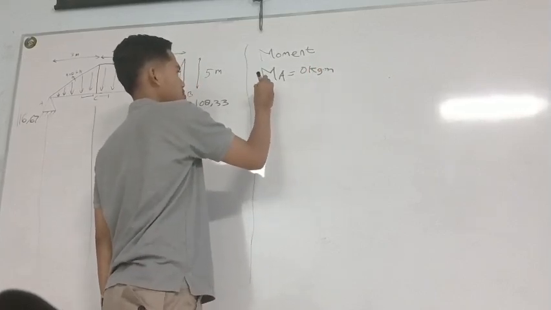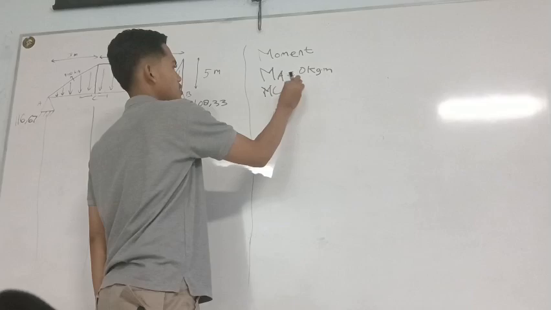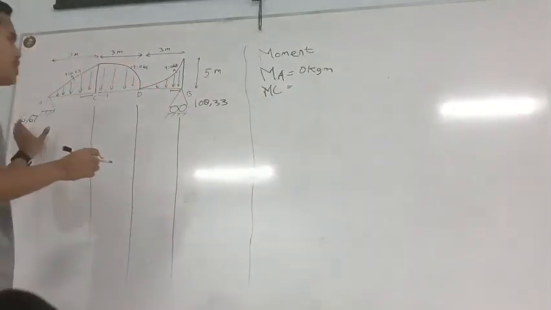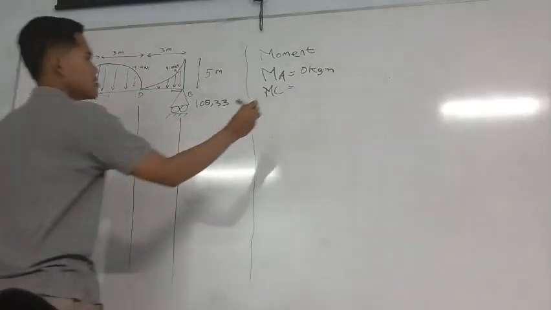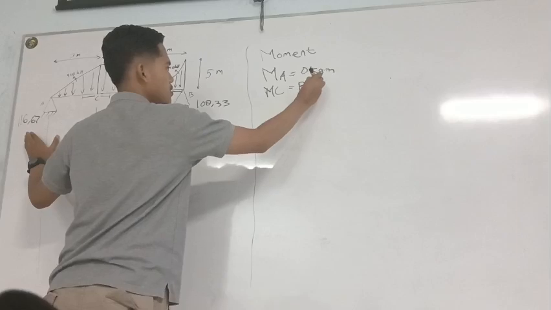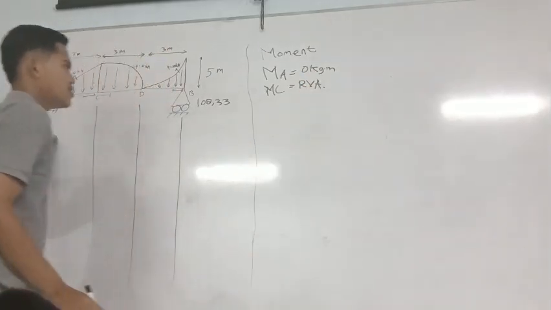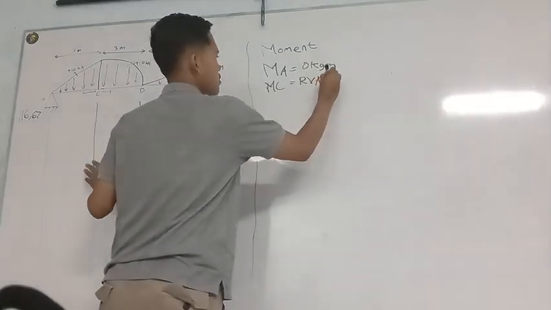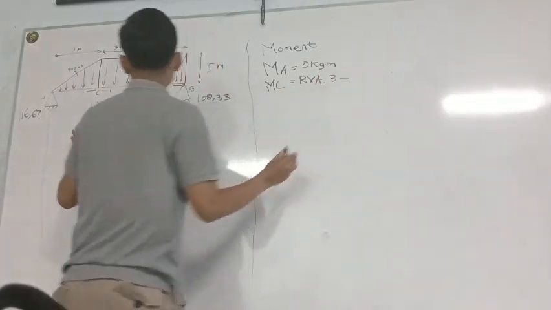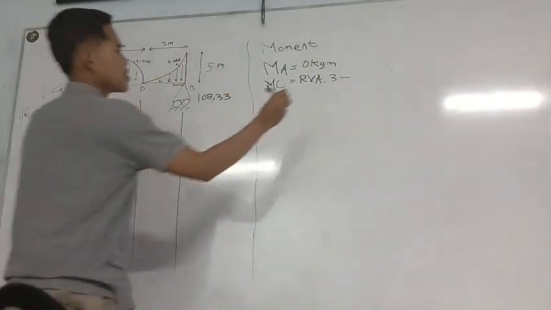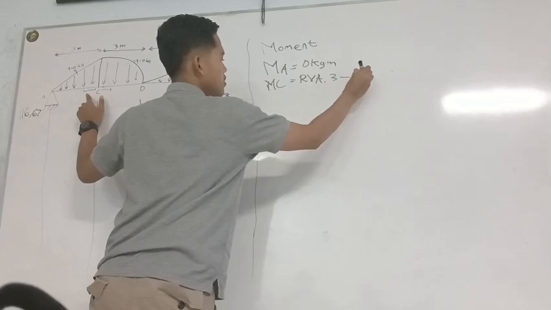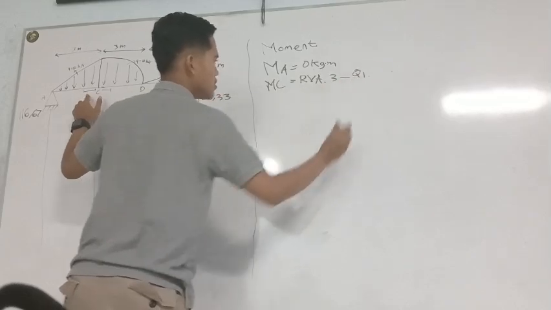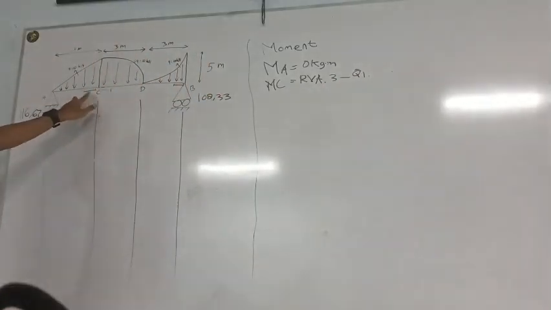And then for MC, it is RVA times the distance RVA to C, which is 3, minus Q1 times the distance Q1 to C, which is 1.